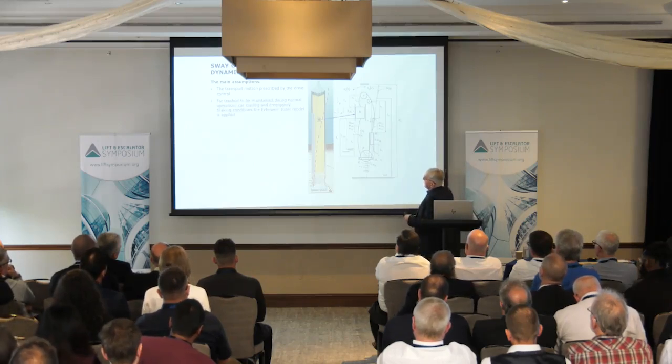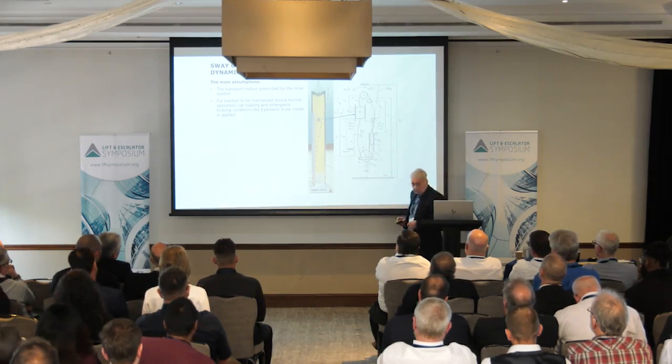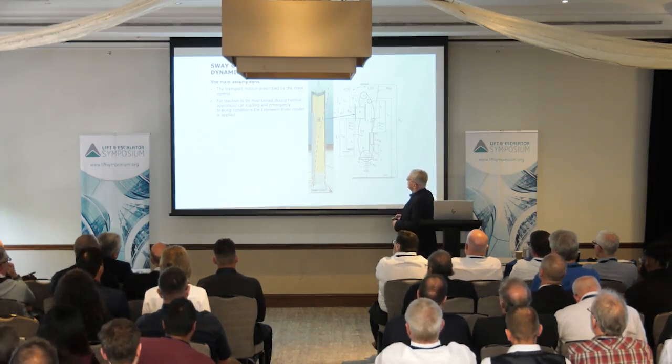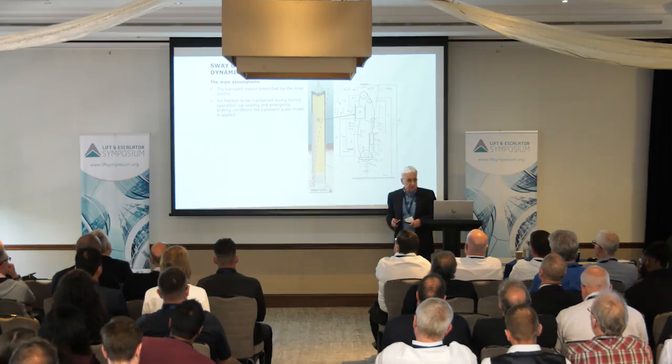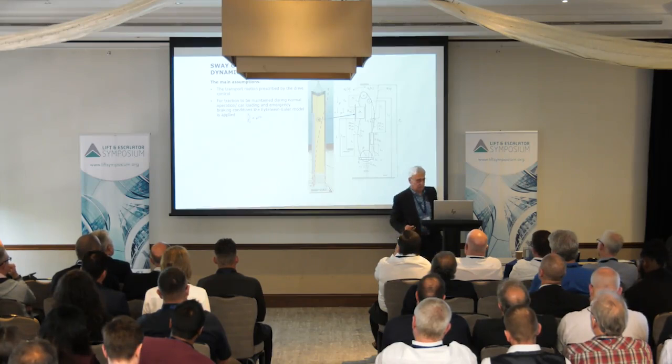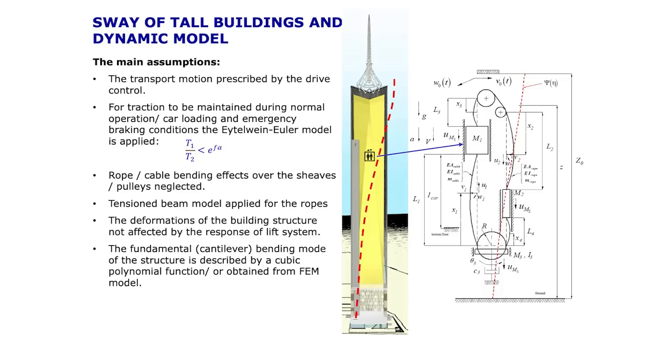The traction is to be maintained during normal operation, car loading, and emergency braking. And we assess this using this formula, which everyone knows: T1 over T2 is less than the critical traction ratio. T1 is the higher value, T2 is the lower value. When this is satisfied, we've got traction.